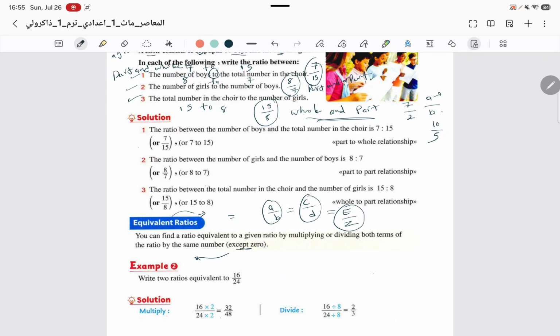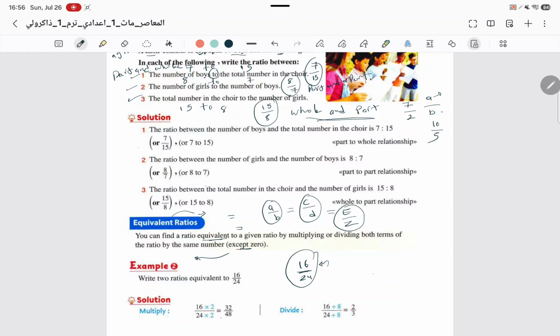So I said here in the definition that you can find a ratio equal to a given ratio. This is the given ratio. What is the given ratio? 16 over 24. So this is the ratio that the one who wrote that example gave to me.